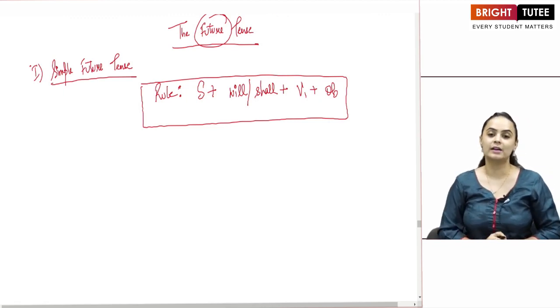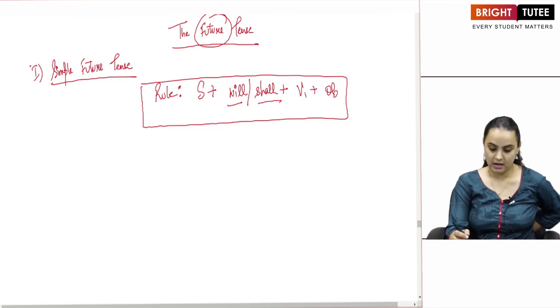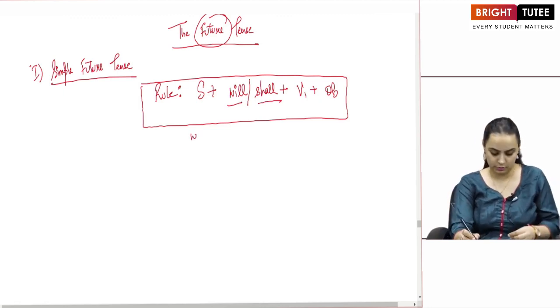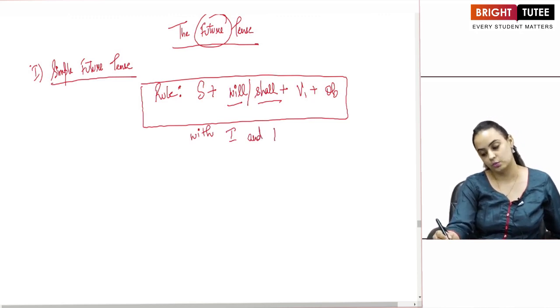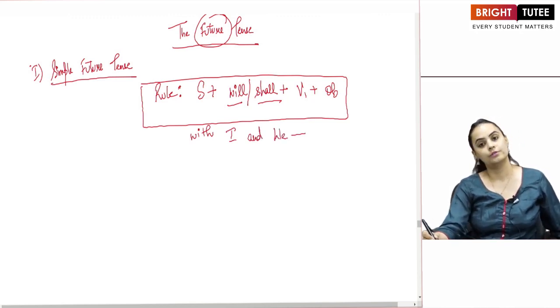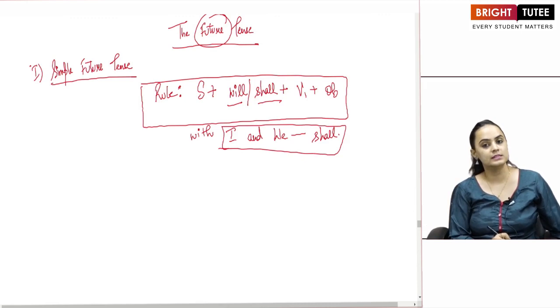Now, how and where do we use will and where do we use shall? You have to remember that with I and we we always use shall, and with the rest of the subjects we can use will.